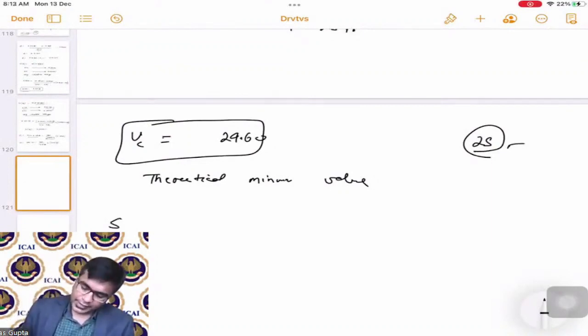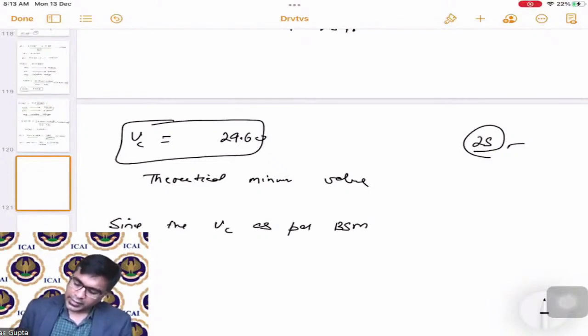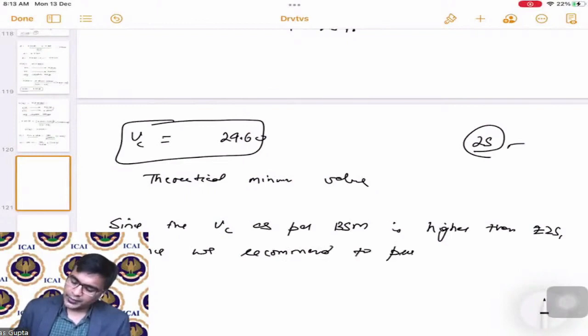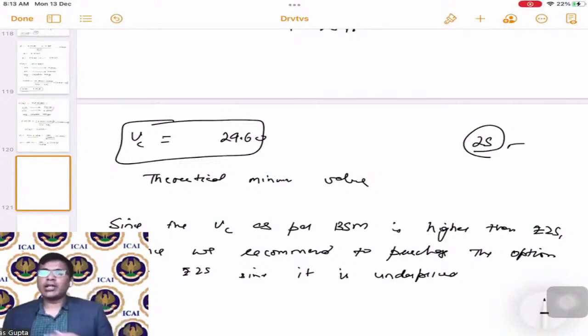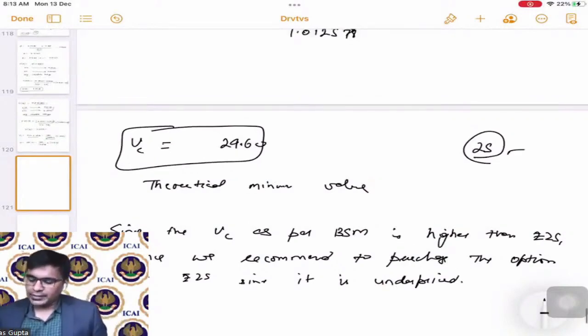So, since the value of call option as per BSM is higher than rupees 25, hence we recommend to purchase the option at rupees 25, since it is underpriced. The actual price is lesser than what it should be.